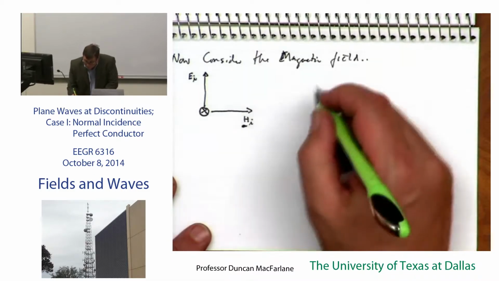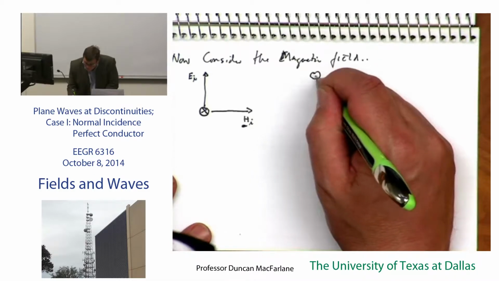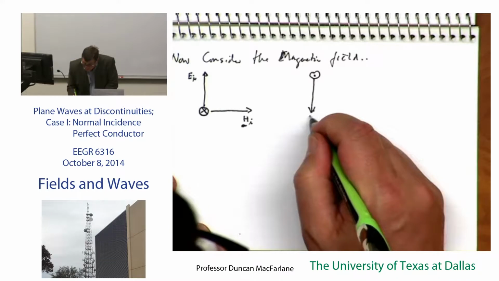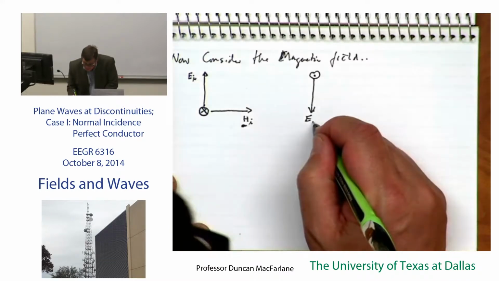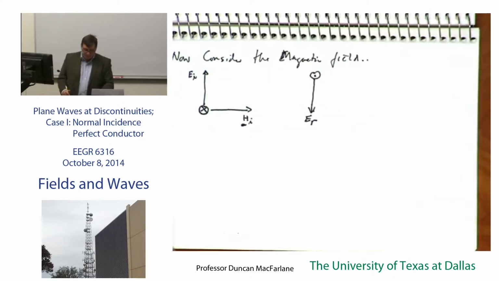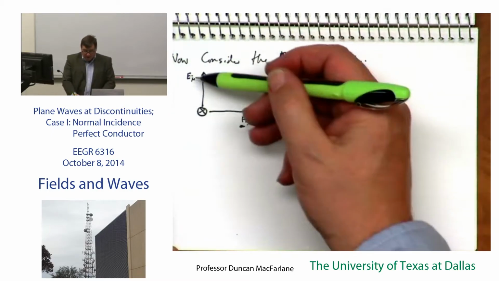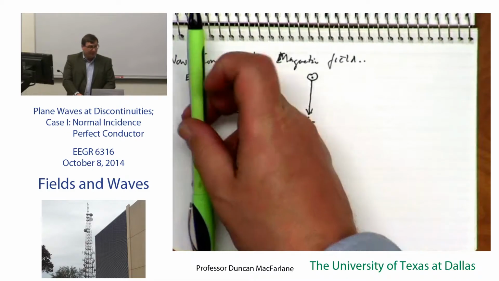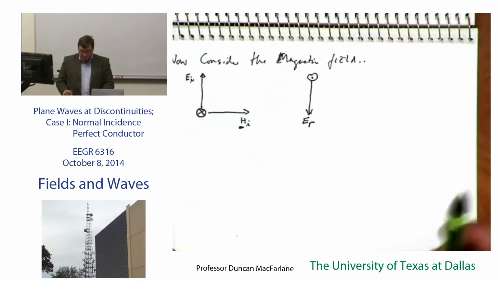If I look on reflection, I know that at the boundary, E incident goes minus. So what pointed up now points down.